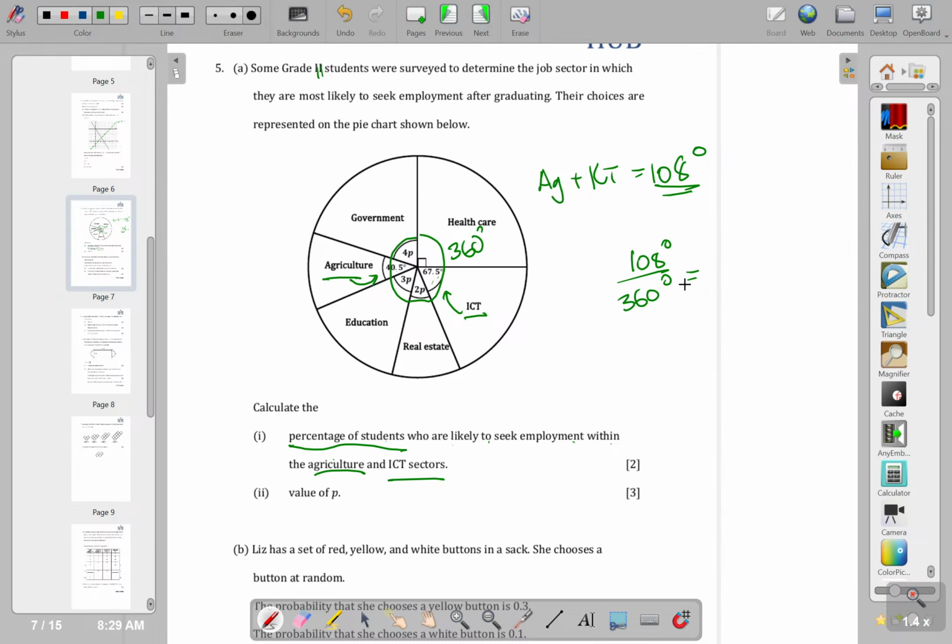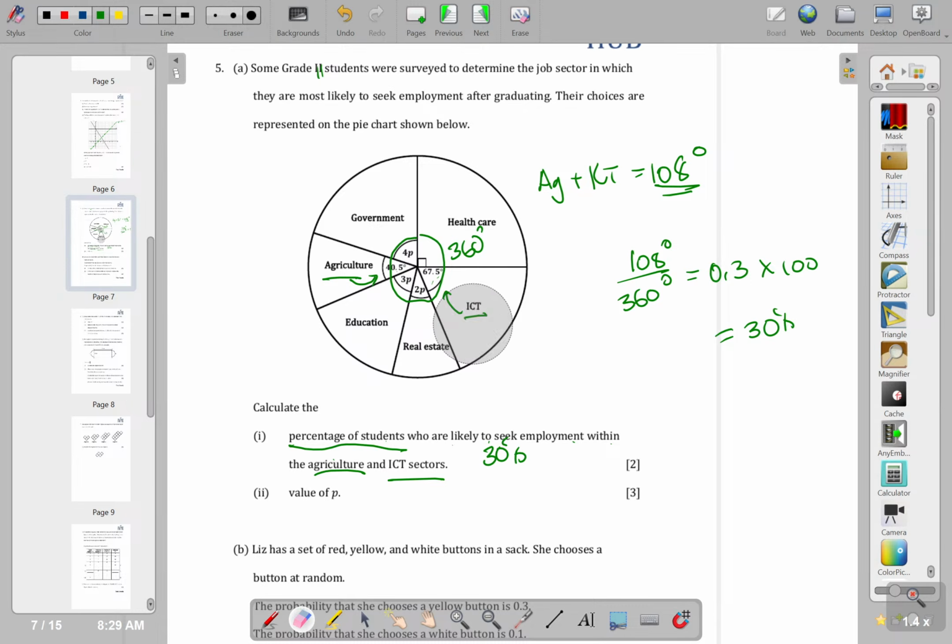And that's going to give me the percentage of the total interest that actually chose agriculture and ICT. So then I'm going to get 0.3. To make that into a percentage, I'm going to multiply it by 100, which makes it 30%. So I hope that makes sense. Yeah?